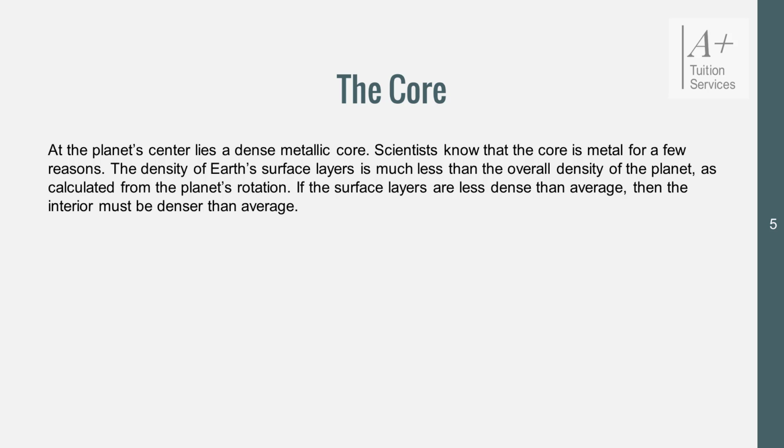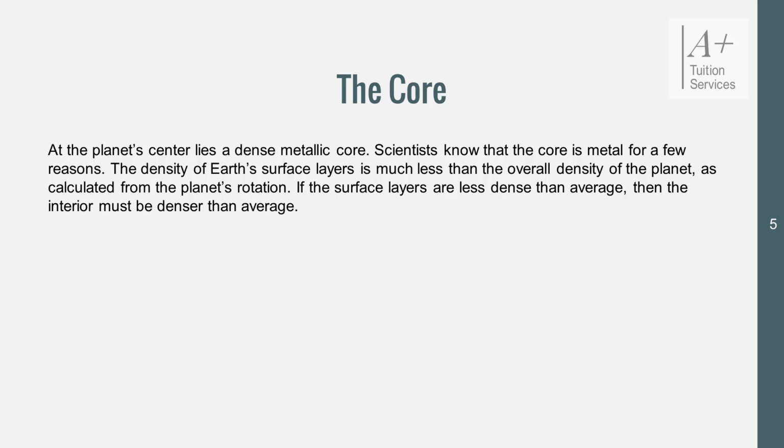If the surface layers are less dense than average, then the interior must be denser than average. So the fact that the Earth's core is very dense accounts for the rotation in which the Earth turns. Now, the structure of the Earth is made up in such a way that the lighter material is at the forefront, and then the denser material goes, and the most dense material is found at the center.